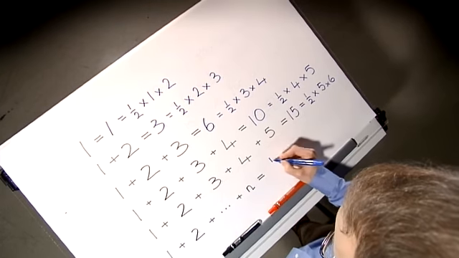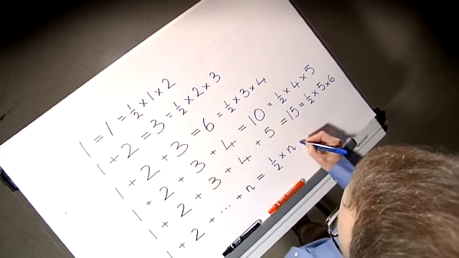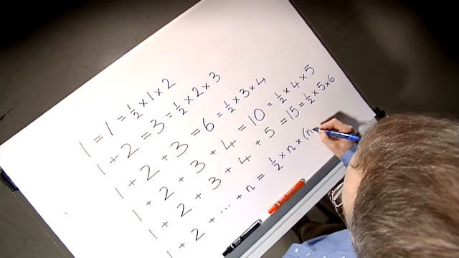So by looking at these answers, we might be able to guess a formula for the sum of the first n natural numbers. It looks like the sum of the first n natural numbers is a half of n times n plus 1.